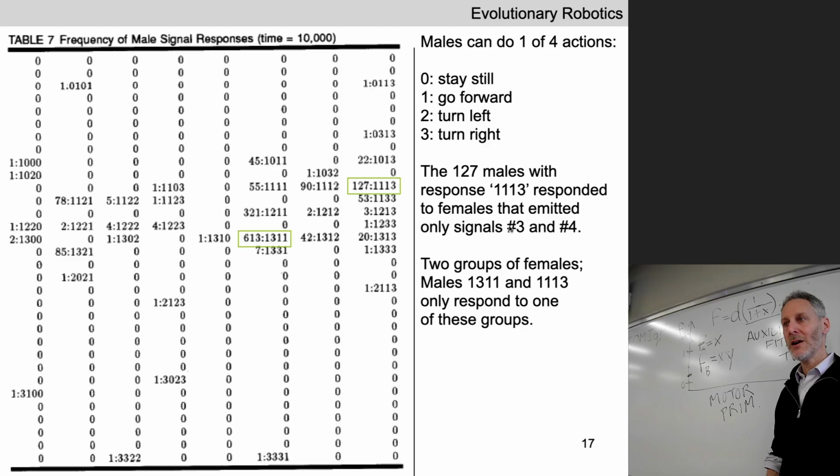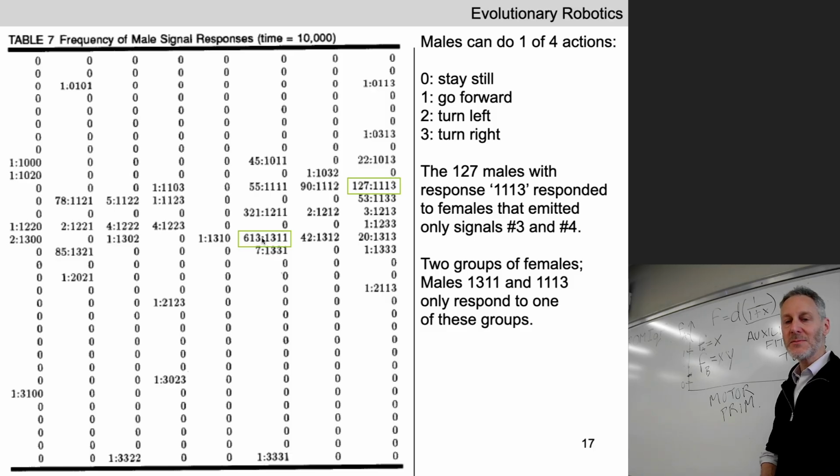Turns out that in this experiment, this is not the end of the story. There is an opportunity here. For whom? What happens if these males here wander into the territory of the females that only sing songs 1 and 2?